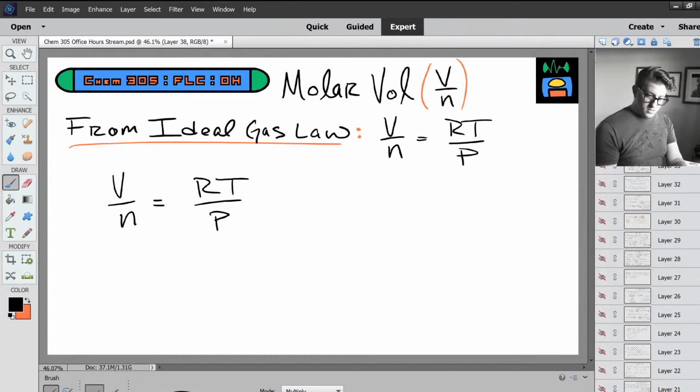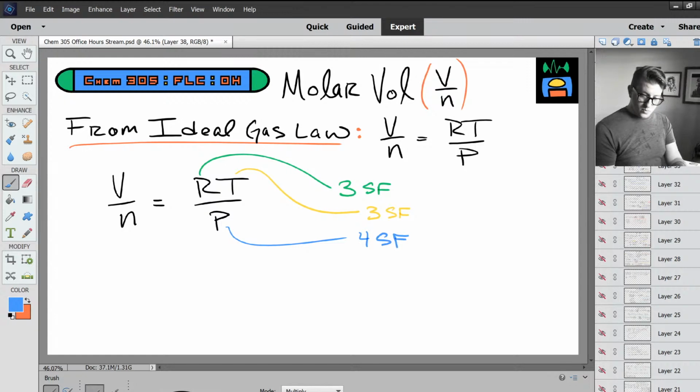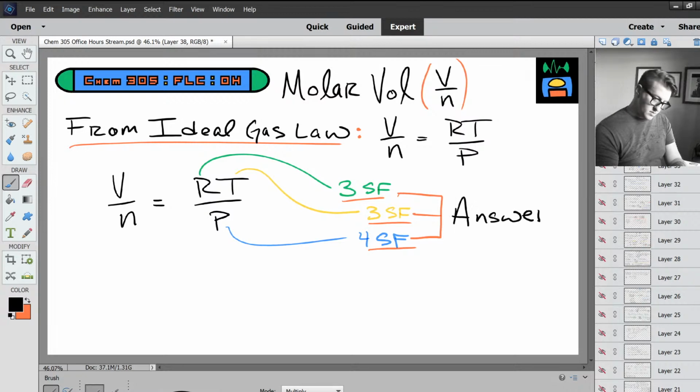Our value for R has 3 sig figs. Our value for T also has 3 sig figs. And then our partial pressure of hydrogen has 4 sig figs. So when you take these three into account, your answer would have 3 sig figs because you've got to roll with the least.